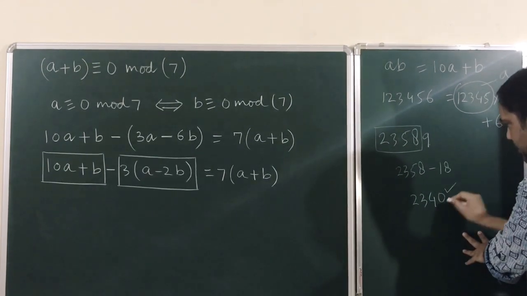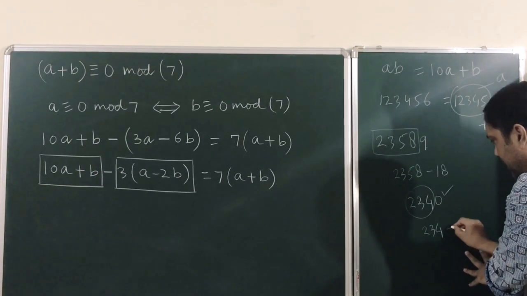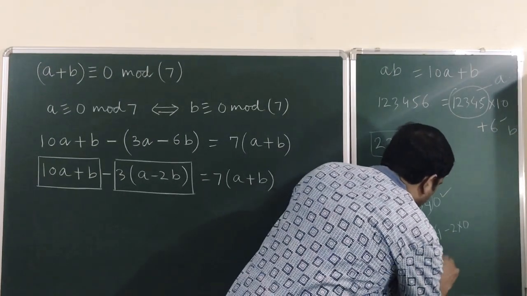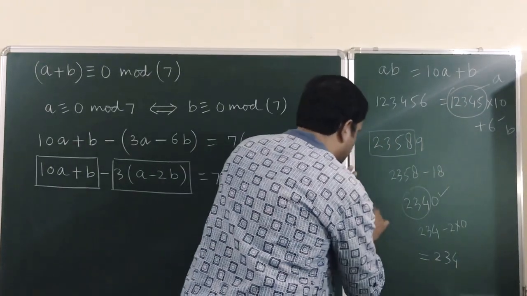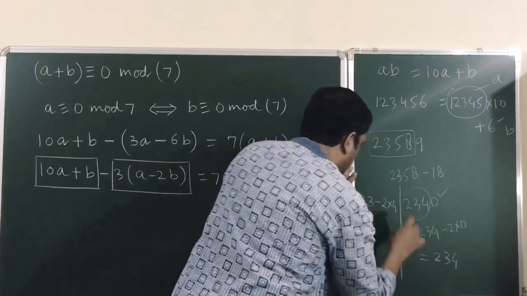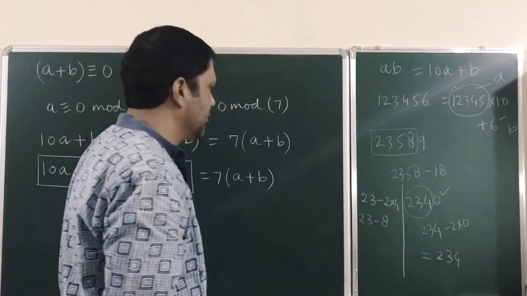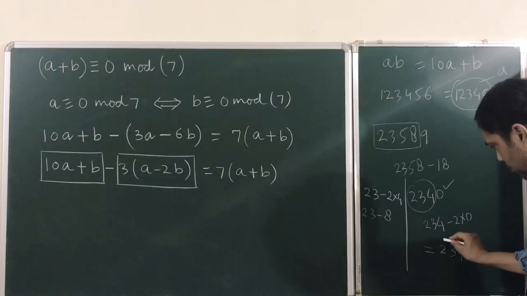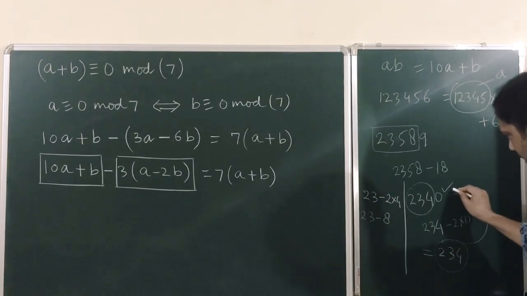Now B has become 0 and this is A. So I'll write 2, 3, 4 minus 2 into 0, and from there I'll get 2, 3, 4. Again, if I do this exercise, that is 23 minus 2 into 4. You can see 23 minus 8 is not divisible by 7.